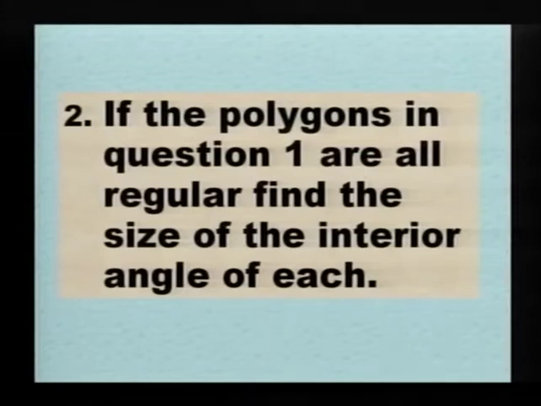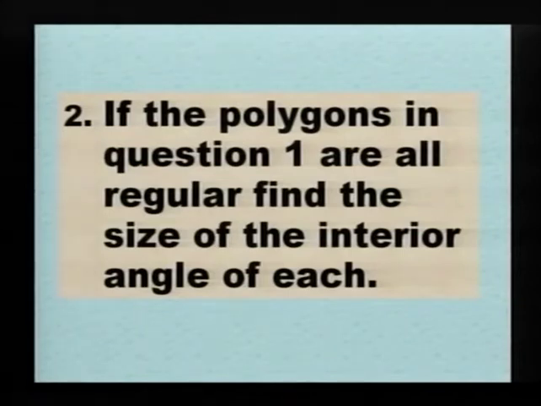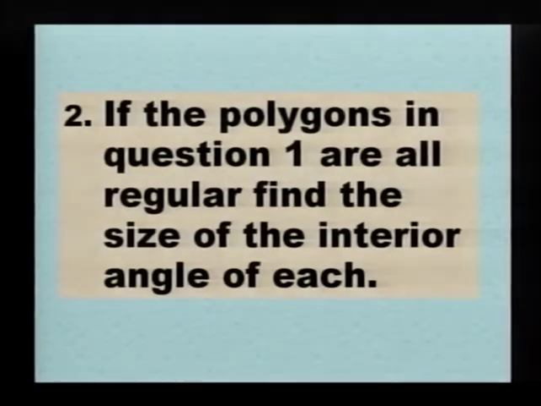Number 2, if the polygons in question 1, that is a 5-sided figure, an 8-sided figure, a 10-sided figure, or a 12-sided figure, are all regular, find the size of one interior angle of each. Any volunteers, please? Solomon? The size of an interior angle of a regular pentagon. 108 degrees.